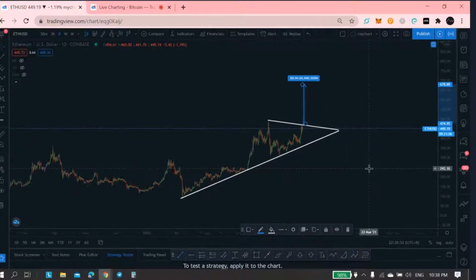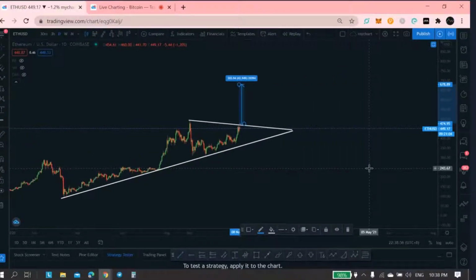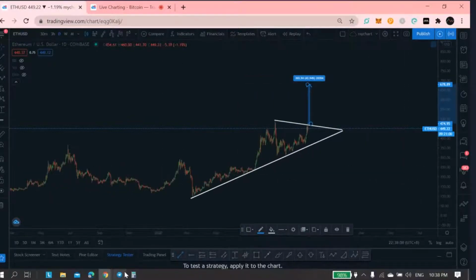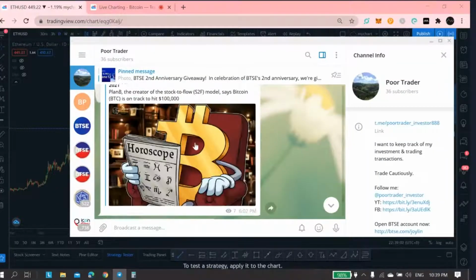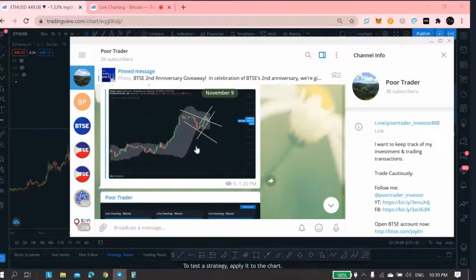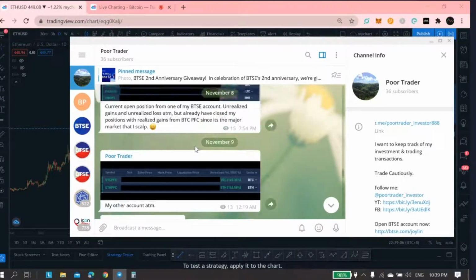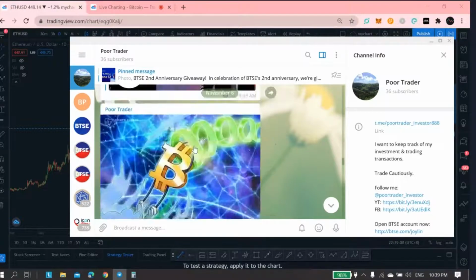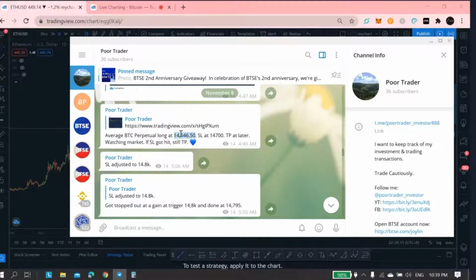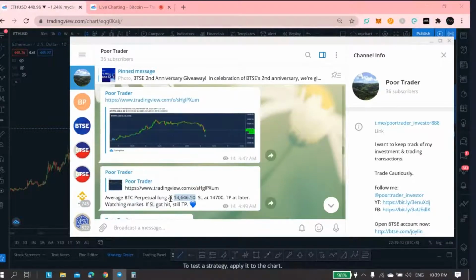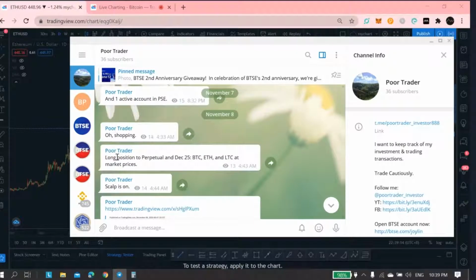I think last time when Bitcoin dumped last Sunday, I also bought some Ethereum and Litecoin. Well, I think I posted it in my trading journal. I think that's the Bitcoin one, and yeah, here.